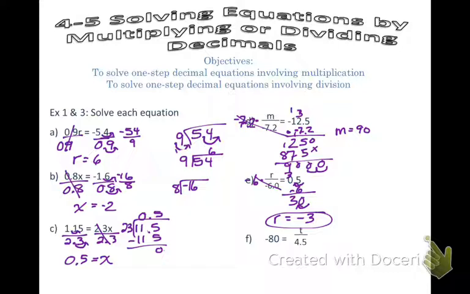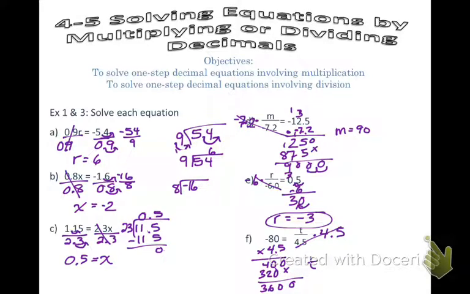F. 4.5 is divided into t, so it's dividing, so we want to multiply it. So 4.5. That goes away. So I have 0, 40, 0, 32, 0, 0, 6, 3.